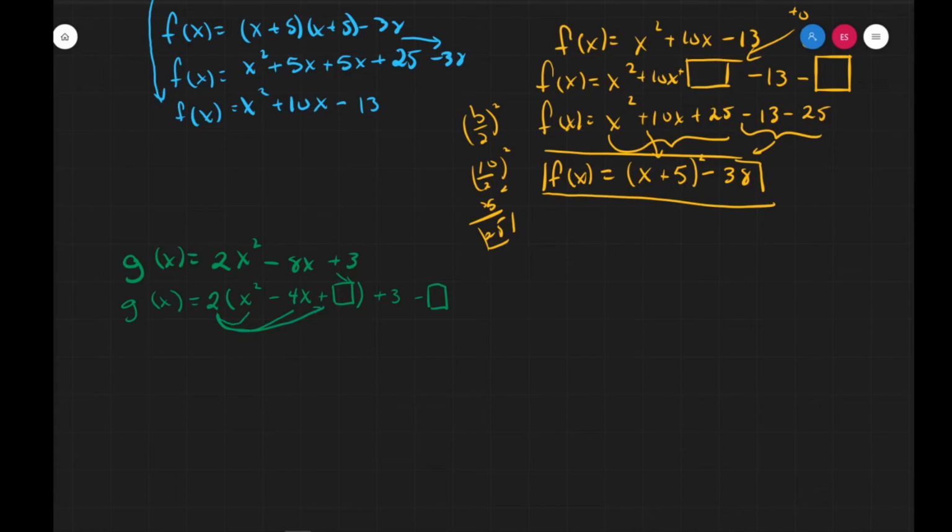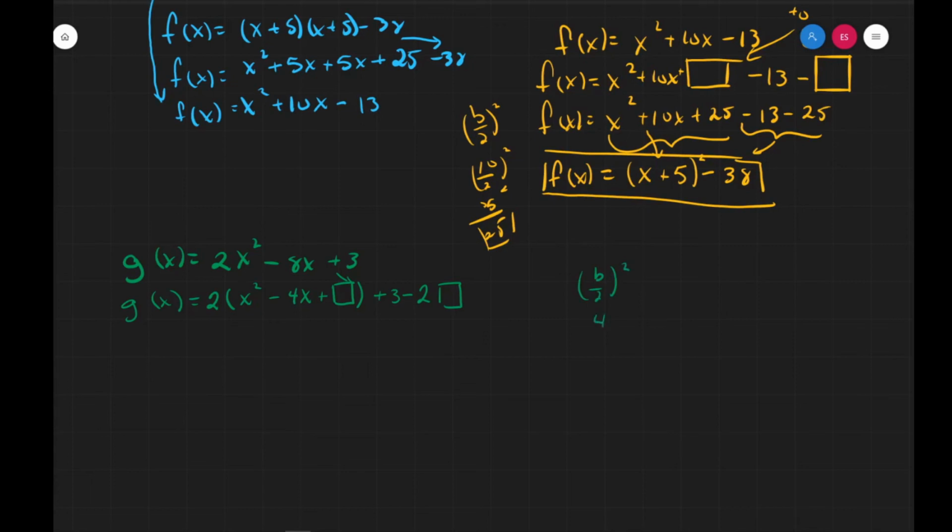So instead of just the number on the outside, we're going to say whatever number we factored out, we're going to subtract that number, in this case that number is 2, times whatever number we find for our completing the square value. So again, we're going to do that completing the square value, b over 2 squared.